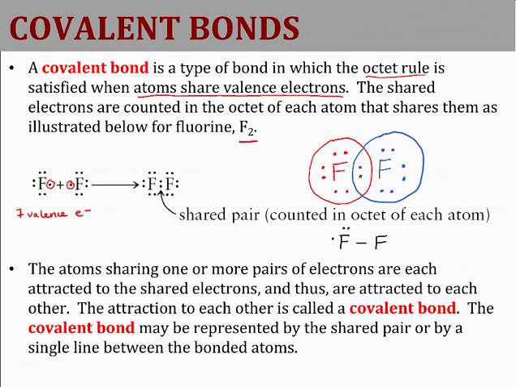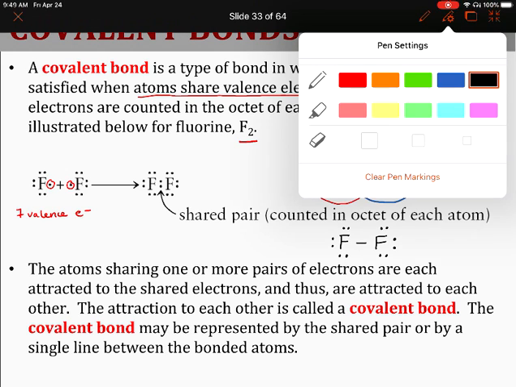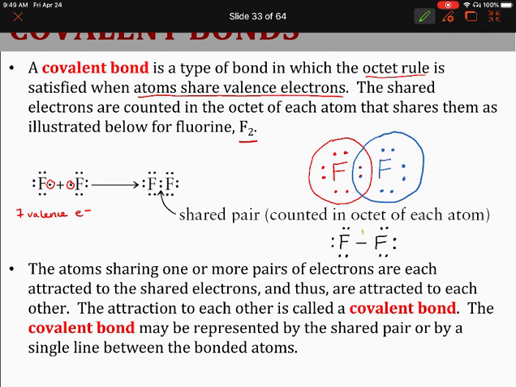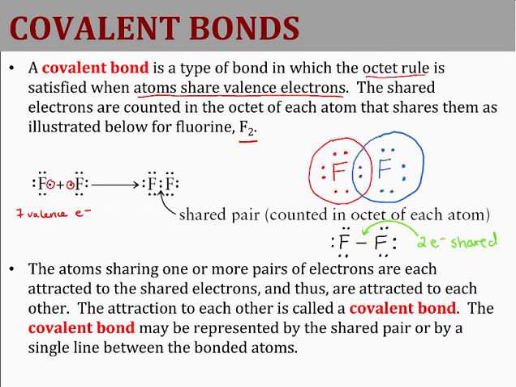And then we'll also draw the valence electrons that are still hanging out. So again, that line represents 2 electrons that are shared. So this is what we call a Lewis structure for a molecule. And next week we'll talk more about Lewis structures and how to draw them for different molecules.